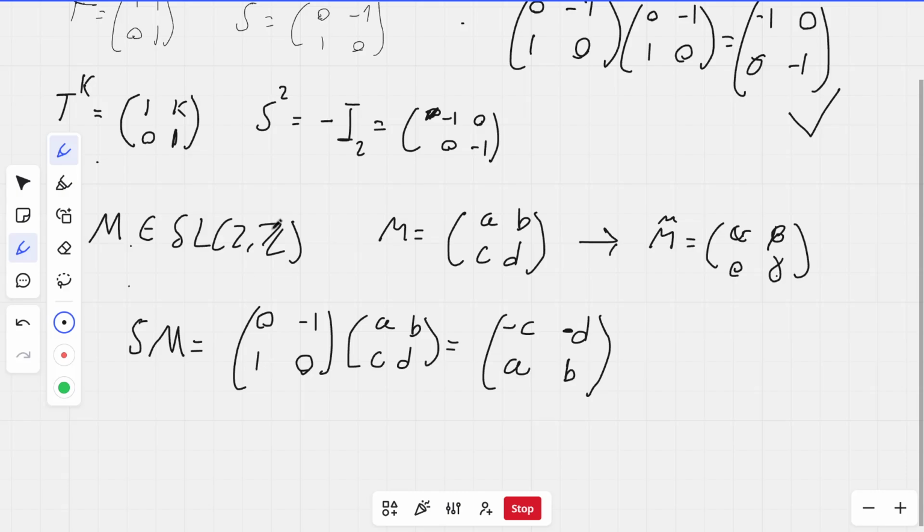So notice that when we multiply S by a matrix, it's the same as swapping the 2 rows and then negating the new first row.